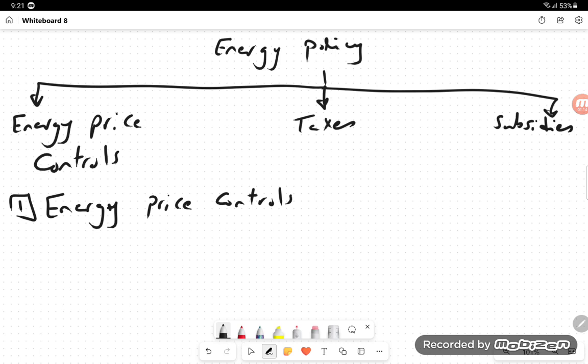Sometimes the governments would like to set prices higher or lower than the market price in order to encourage or discourage consumers from consuming this commodity. For example, in developing countries, governments would like to encourage consumers to use specific types of energy for cooking, for example, in order to reduce consumption of another type of energy which is much more costly for the government.